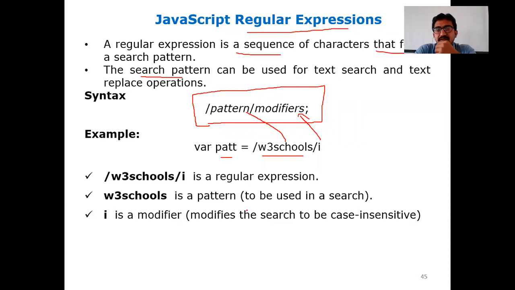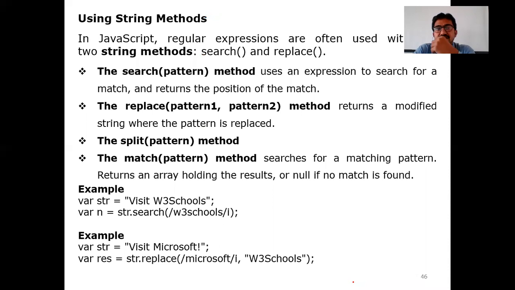And not only this, we can also search with the help of the search methods. If you observe, the search method uses an expression to search for a match and returns the position of the match.